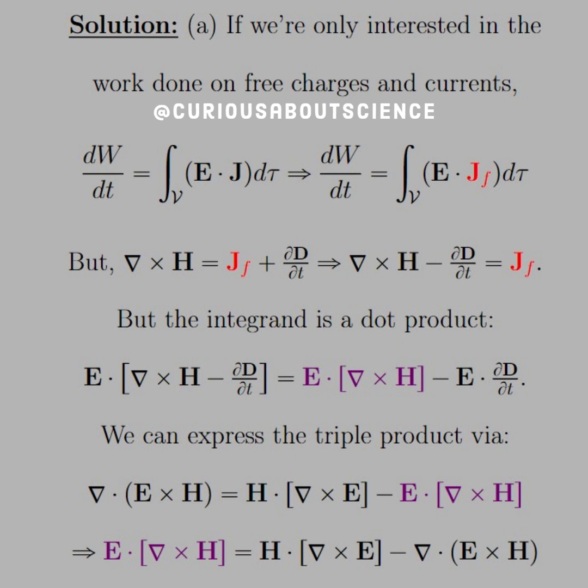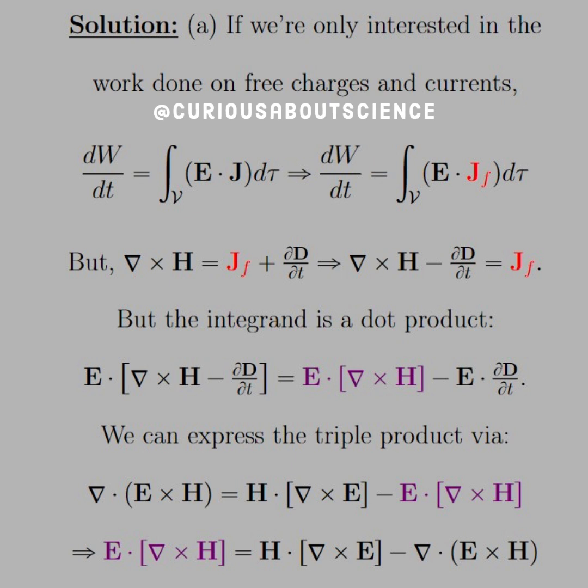The integrand is a dot product with E, so we have E dot (curl of H minus ∂D/∂t), and then we distribute the dot product, okay?